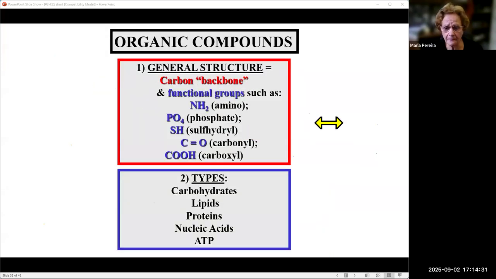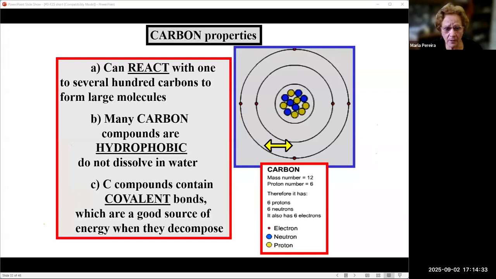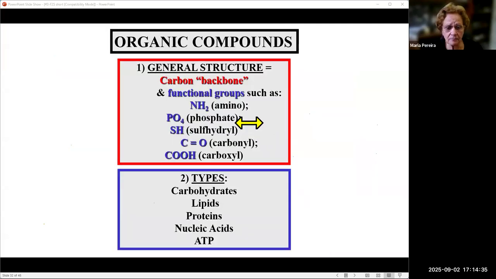So the carbon backbone can be connected or linked to many functional groups: amino groups, NH2, phosphate groups, sulfhydryl groups, carbonyl groups, and carboxyl groups. So these functional groups give the molecule its personality. So it has carbon, but it also differs on these functional groups that are attached to the carbon.